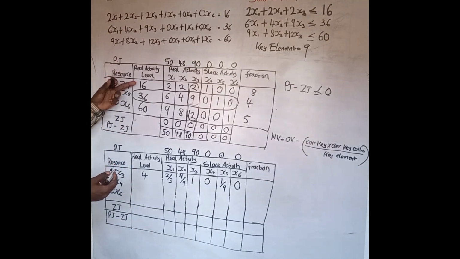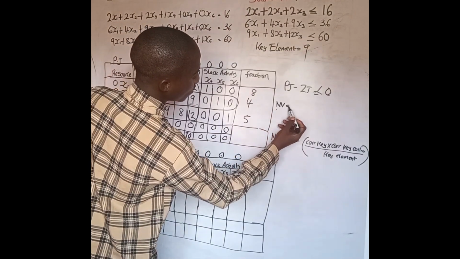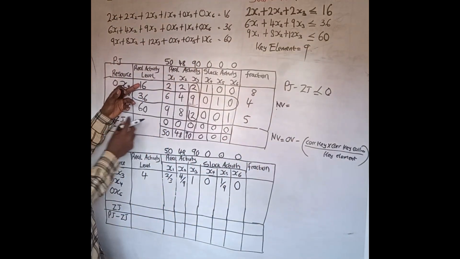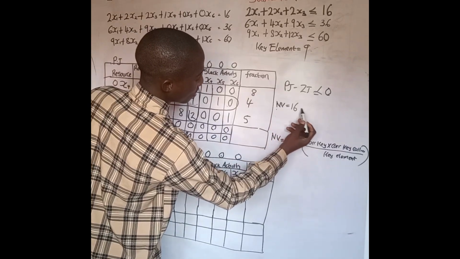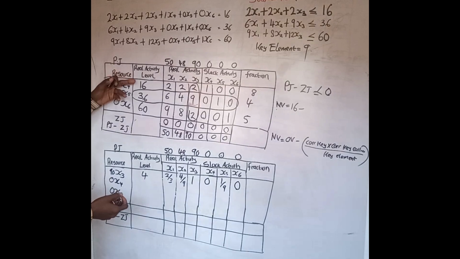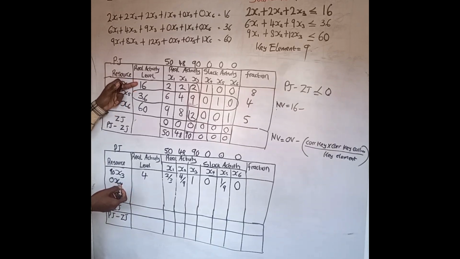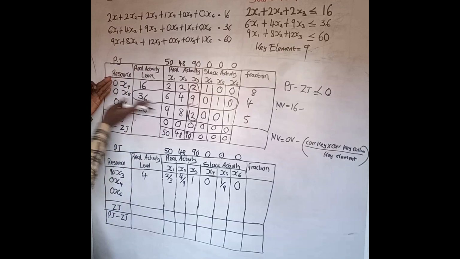To get the new value of 16, the new value equals the old value, which is 16, minus the corresponding key row element. You trace it downward. The corresponding key row element is 36, because this is our key row.